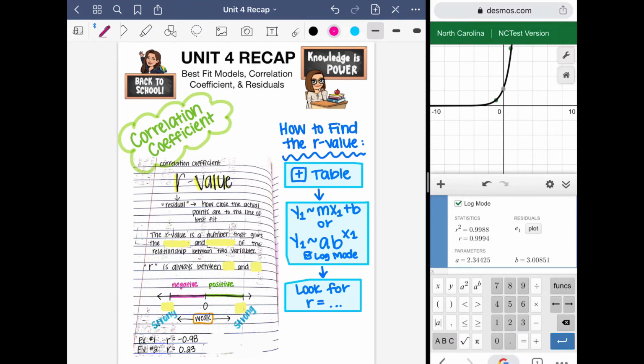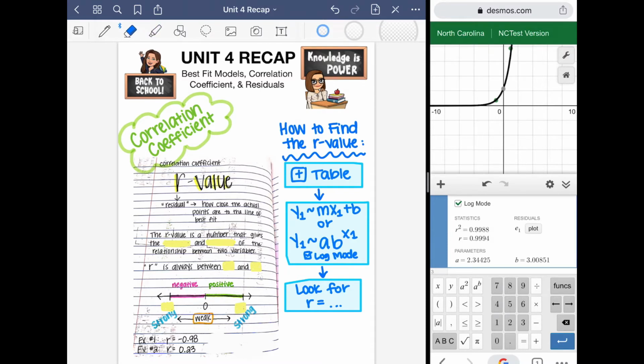First of all, the R stands for the word residual, which we're going to talk about next, but it gives us a sense of how strong the relationship is between X and Y. So in the example we just did, we got the R value of 0.994. We're going to talk about what that number actually means in just a second.